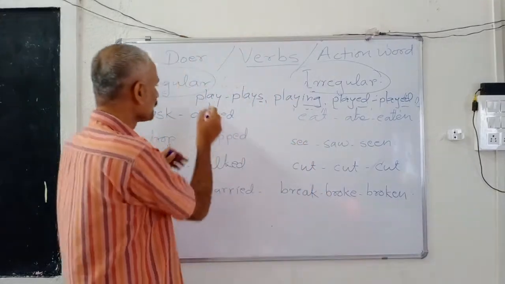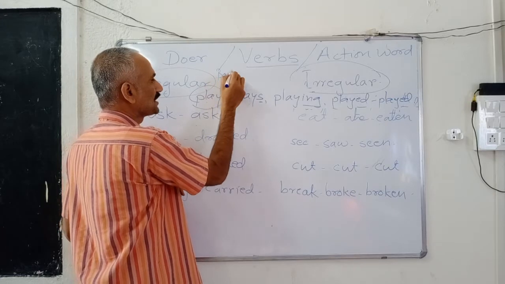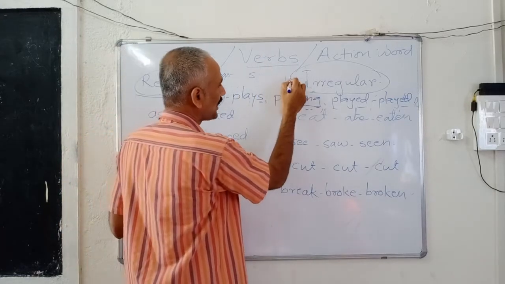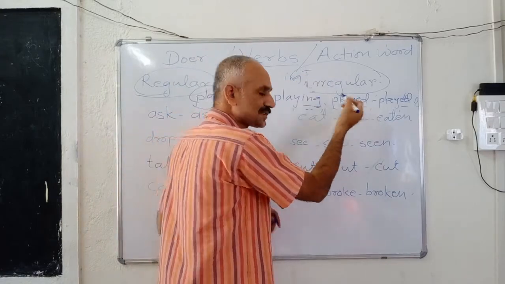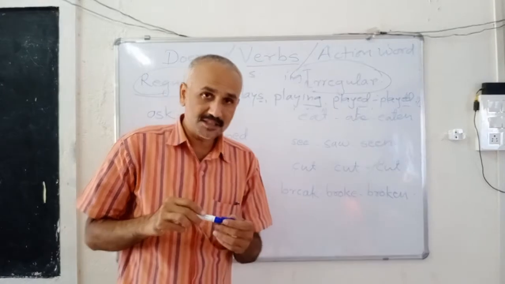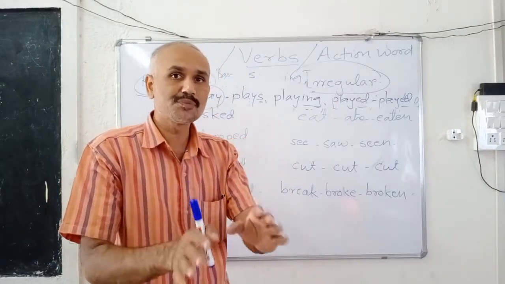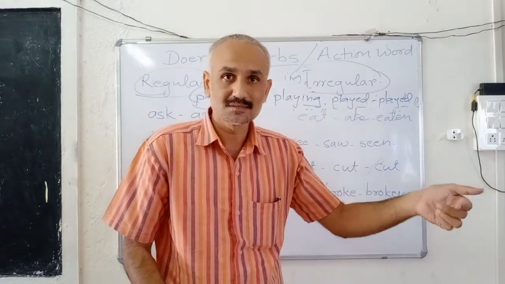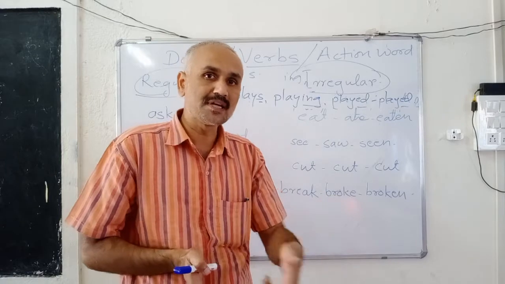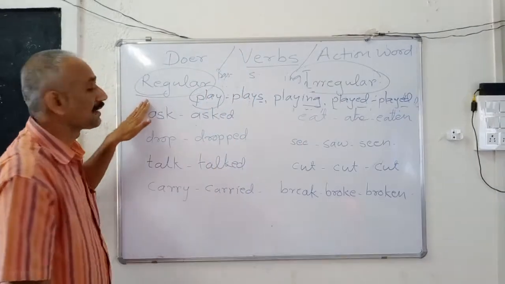The first form is the base form of verb. This is the s form of verb. This is the ing form of verb. This is the past form of verb, and this is the past participle form of verb. In all these forms, lexical verbs maintain a typical, similar pattern, and those verbs which maintain this similar pattern are called regular verbs.